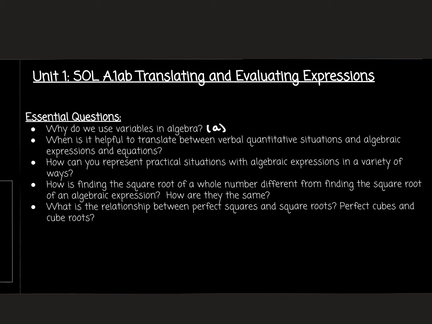That is also going to go with A.1a. How can you represent practical situations with algebraic expressions in a variety of ways? That is going to go with A.1a, and then the rest is going to go with A.1b. So these essential questions are questions that by the end of this lesson you will be able to answer.